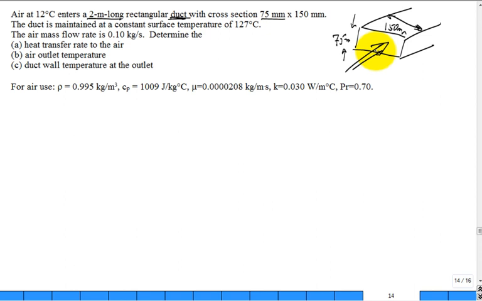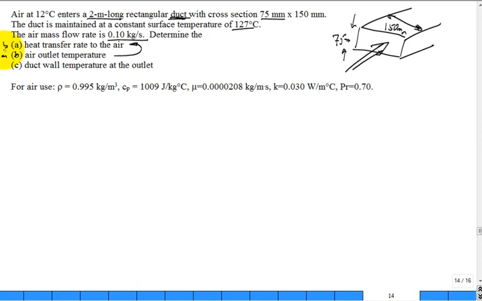It's maintained at a constant temperature of 127. The air flow rate is given, 0.1 kilogram per second. Determine, now on this problem I messed up. That should have been before. Determine for part A the air outlet temperature. Then for part B, the heat transfer rate to the air.